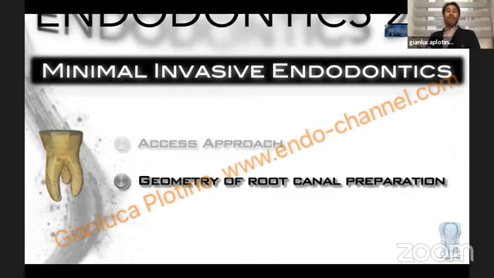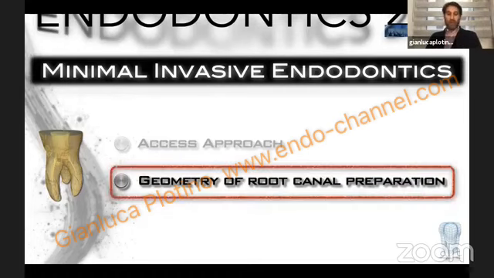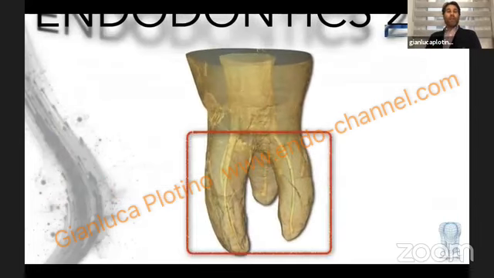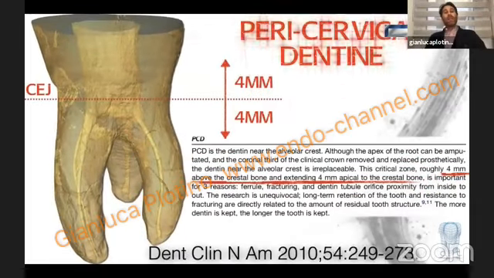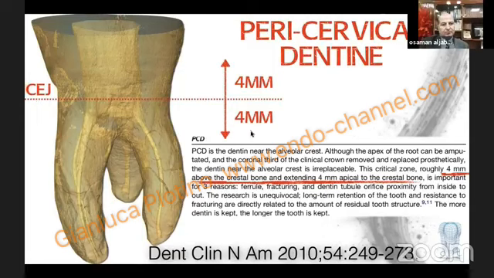But minimally invasive endodontics is not only the access approach, it is mainly related to the geometry of the root canal preparation. So it's mainly related to what we have called the pericervical dentin. So the dentin 4 millimeters above and 4 millimeters below the cemento-enamel junction. Because we have seen that the enamel at the occlusal part is not so important as the dentin that is surrounding the crestal bone.